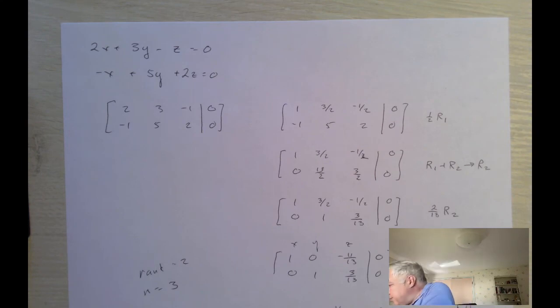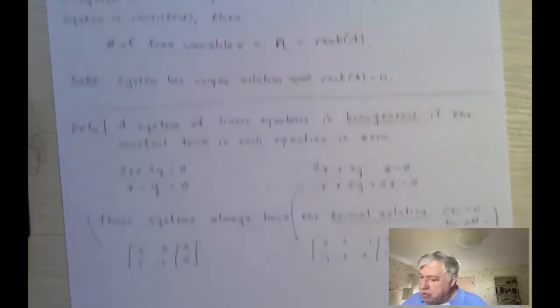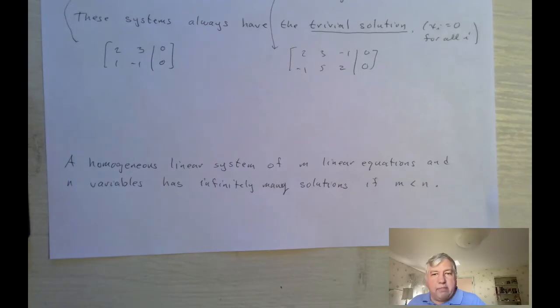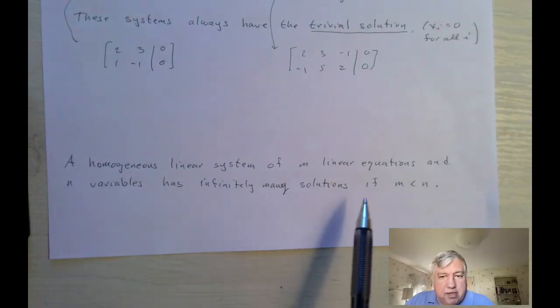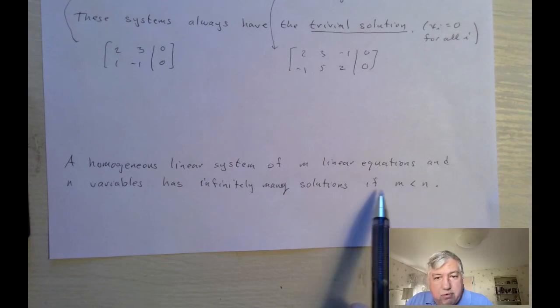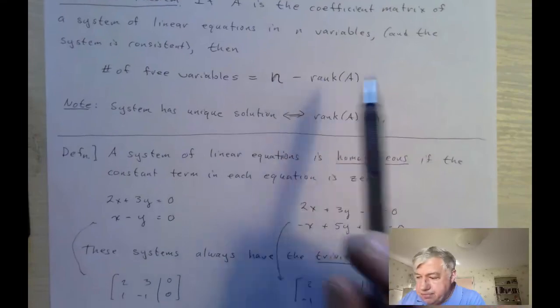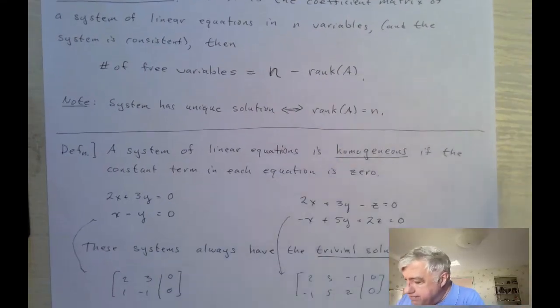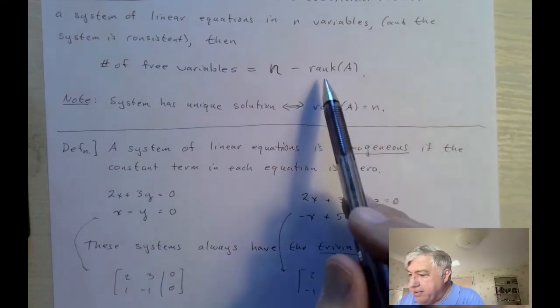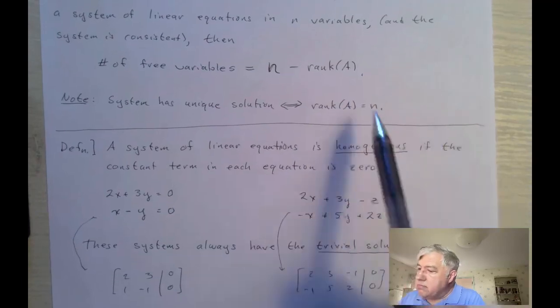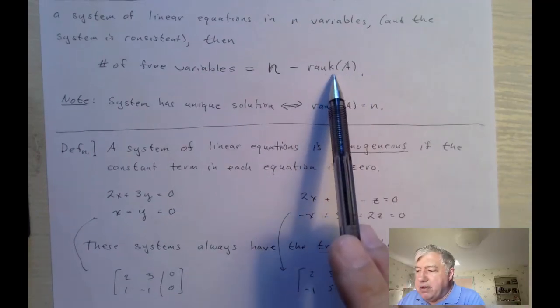Remember, a homogeneous system of m linear equations and n variables always has a trivial solution, but if m is less than n, it will have infinitely many solutions. That's because the rank is bounded by the number of rows.